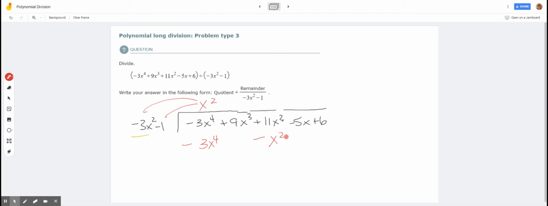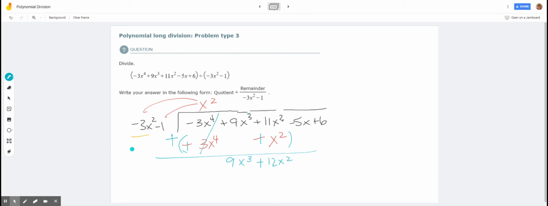Minus x squared. But remember, we are subtracting this quantity, which means we are going to be changing the signs, adding the opposite. So these cancel. We'll bring down the 9x cubed plus 12x squared.